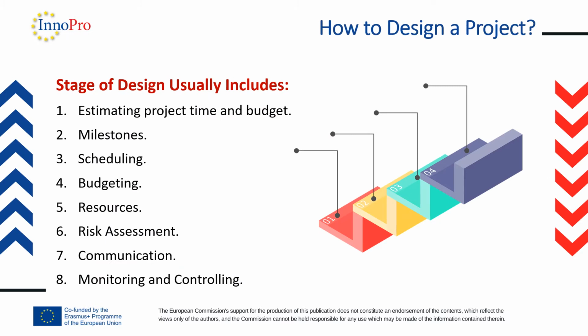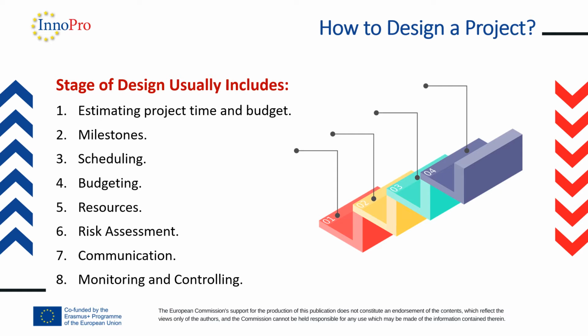When we are trying to design a project, we usually use several features such as estimating project time and budget, formulating milestones, and scheduling all the necessary terms and issues in the project. Of course, the process of budgeting is very necessary to look through our resources and their possibilities.